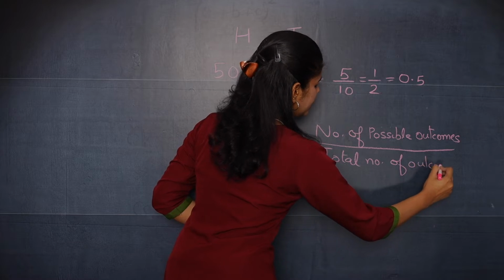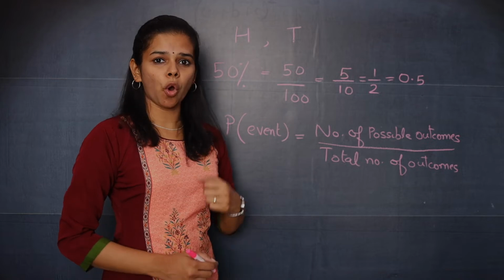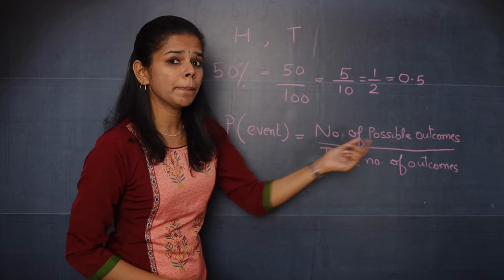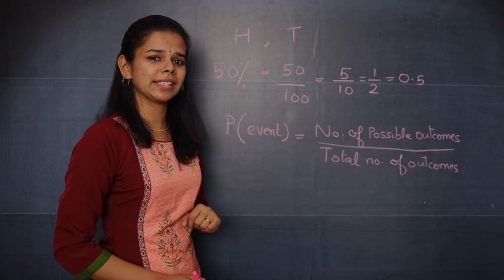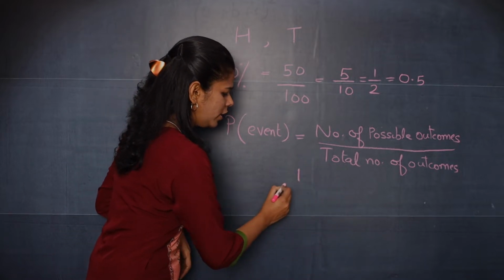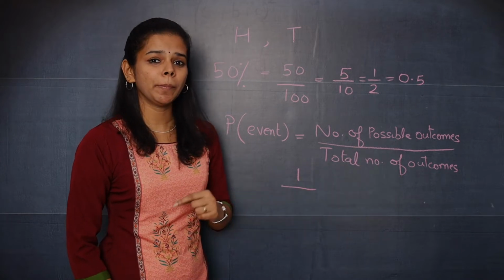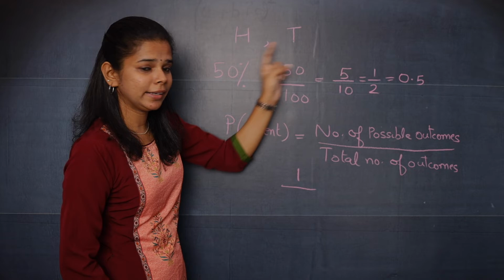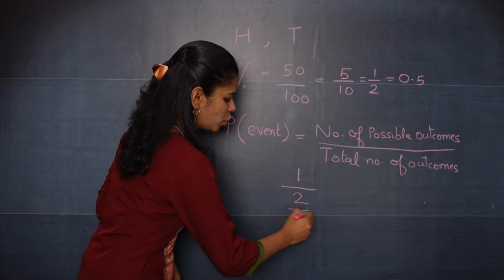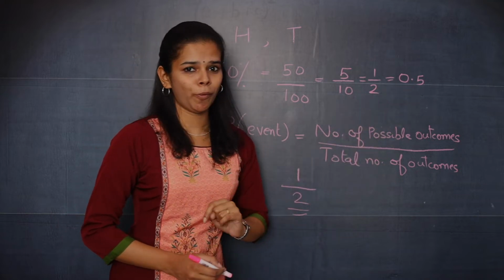Let us take this example: what is the probability of getting a head when a coin is tossed? Tell me the number of favorable outcomes. How many heads are there when a coin is tossed? Only one. So you will write 1 divided by the total number of outcomes. How many outcomes are there? Head and tail. So 2. So 1 by 2 can also be written instead of 0.5.